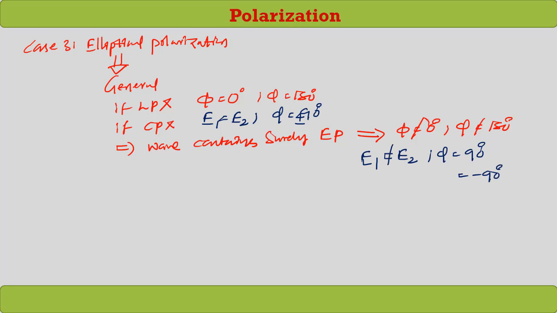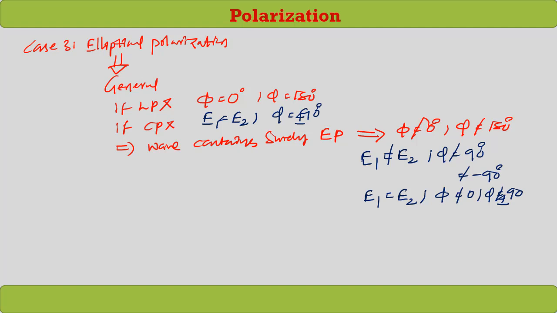So you cancel this one, this one, and this one. Or if you take E1 is equal to E2 and phi is not equal to 0, phi is not equal to plus or minus 90.